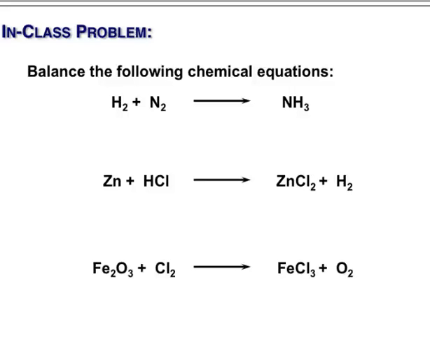Even number of hydrogens, odd number of hydrogens, right? So we're going to want to double this. Let's start off by putting a 2 here. That gives us 2 nitrogens, but that's okay because we have N2. So that works. If we have 6 hydrogens here, how many H2s do we need? 3 of them.